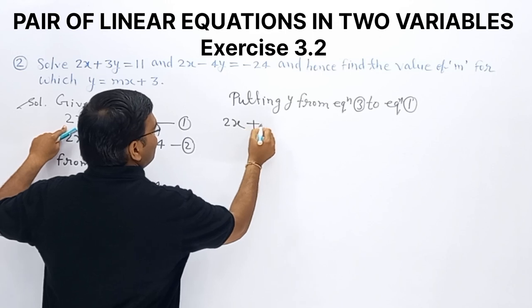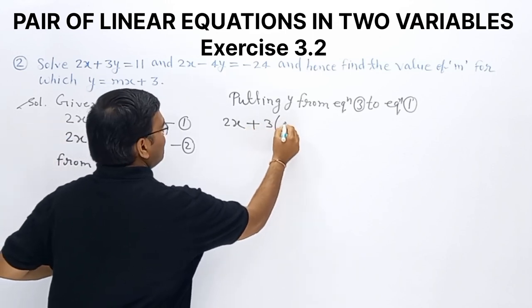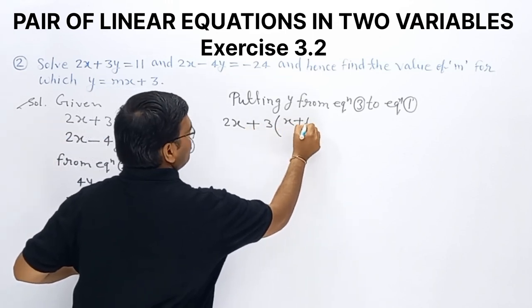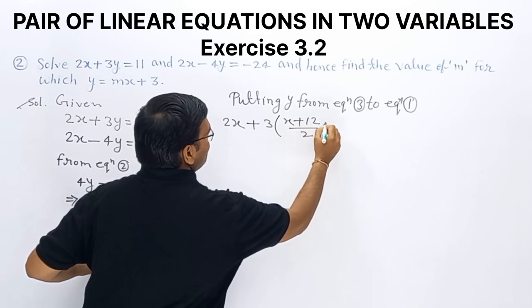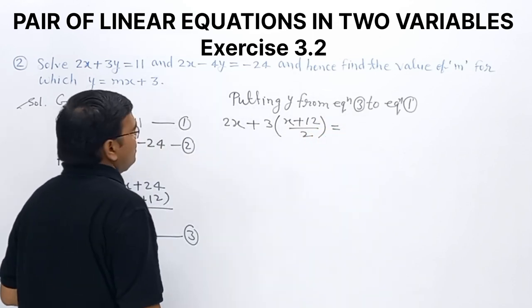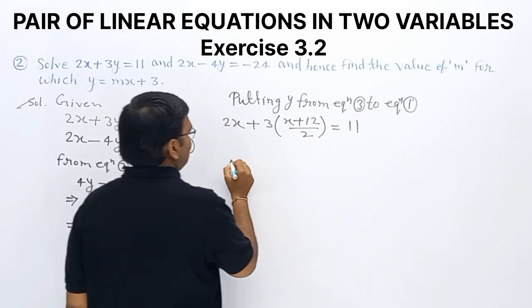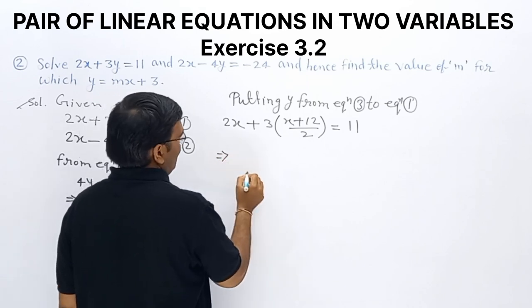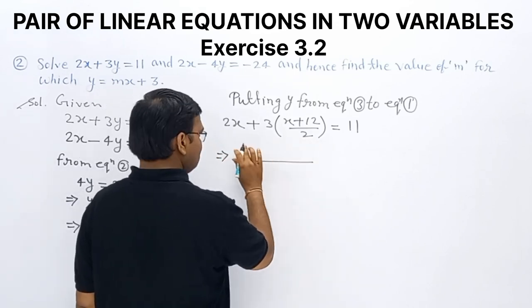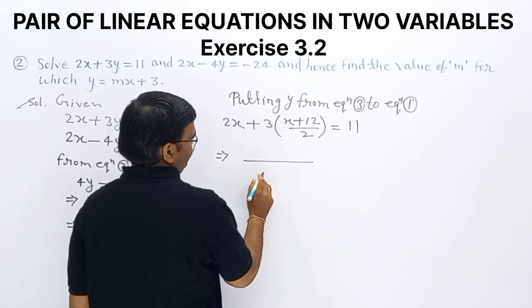2x plus 3y. Y is x plus 12 divided by 2, is equal to 11. Now I am taking the LCM. 2 will be the LCM.